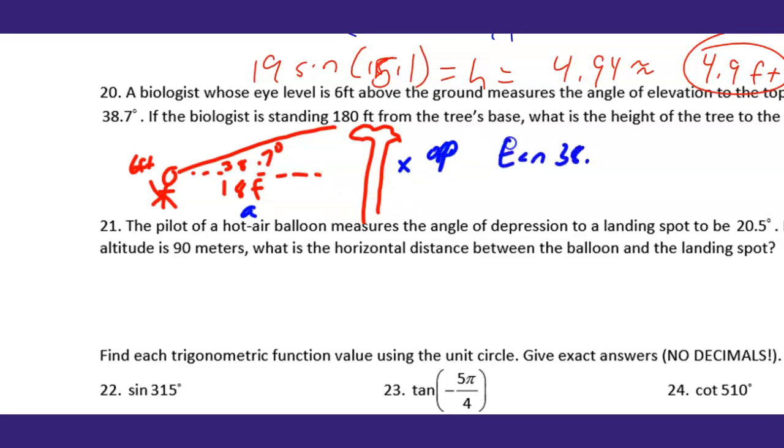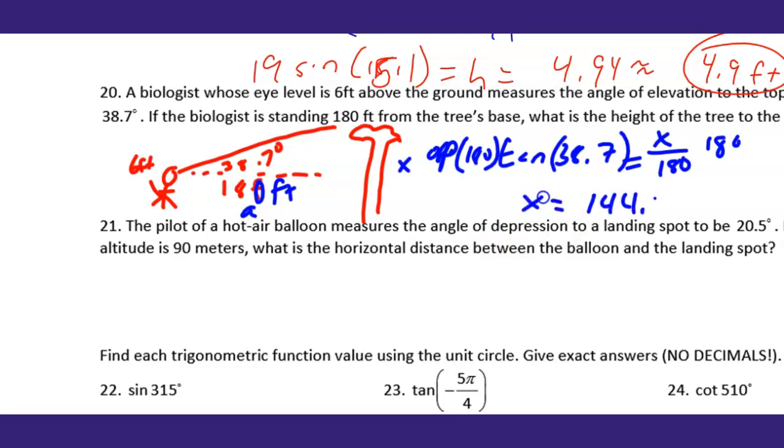So tangent of 38.7 equals opposite over adjacent, 180 feet, excuse me. If I multiply by 180 on both sides, I end up with 180 times the tangent of 38.7. And that is going to give me 144.2 feet tall.